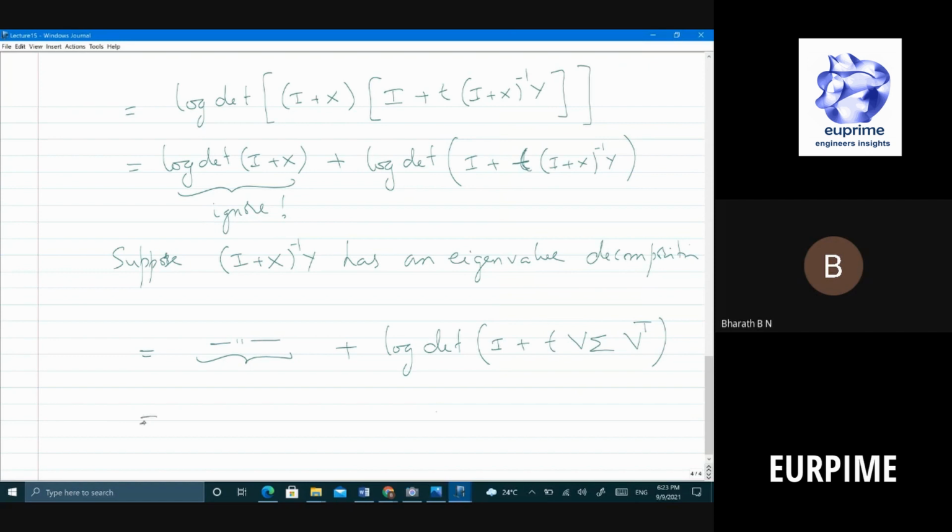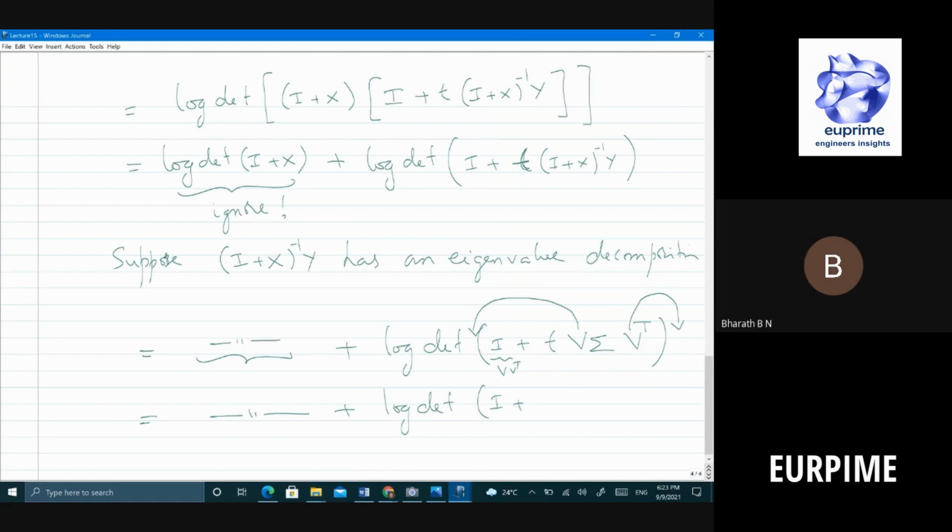Now the usual stuff, right? Plus log of the determinant of identity plus, well, now what happens? I can pull this V out here, this V transpose here. Do you agree? VV transpose is anyway identity, so I can write this as VV transpose. So I pull the one V to the left and the other V transpose to the right.